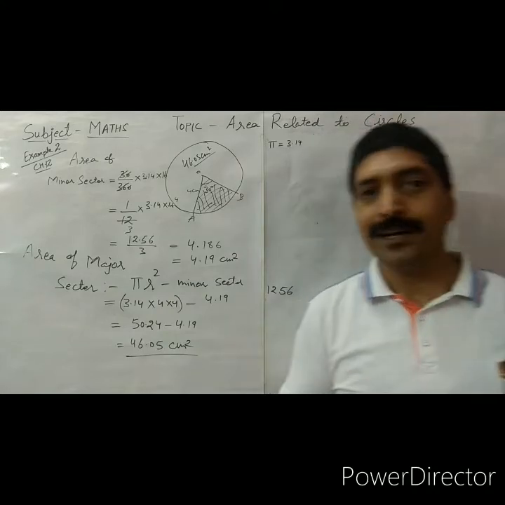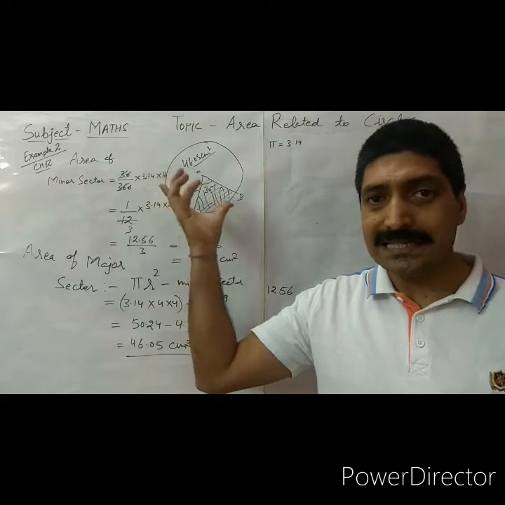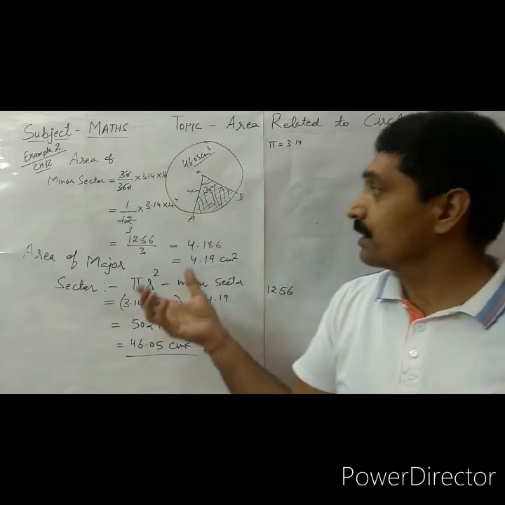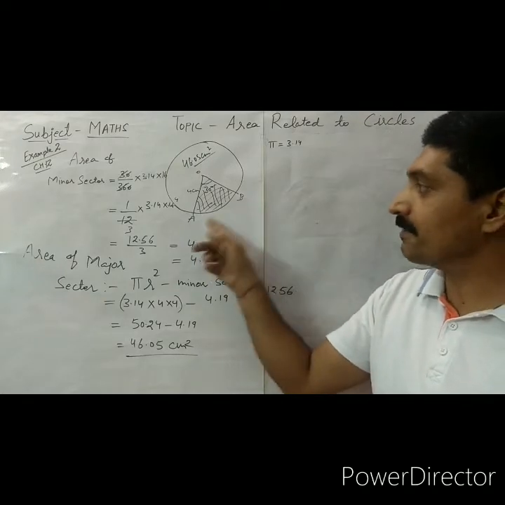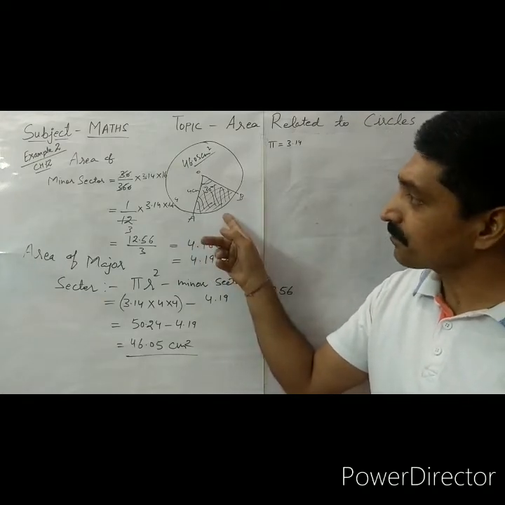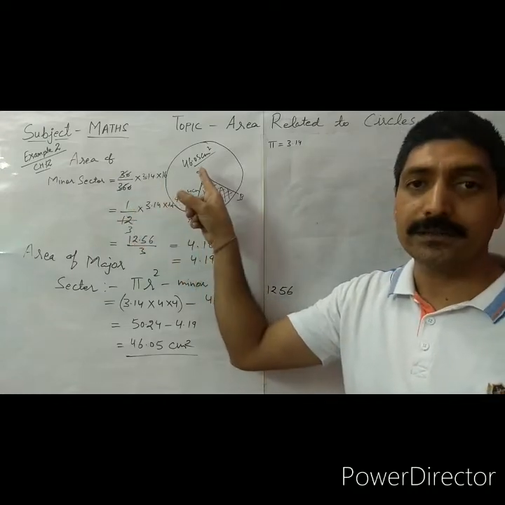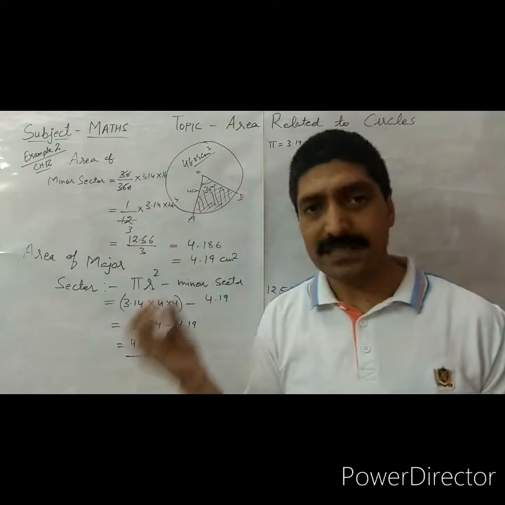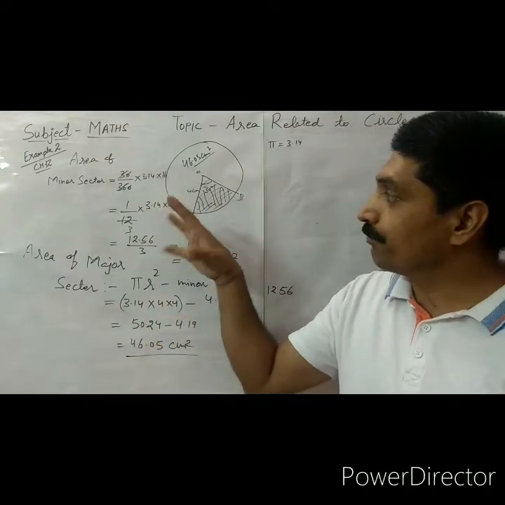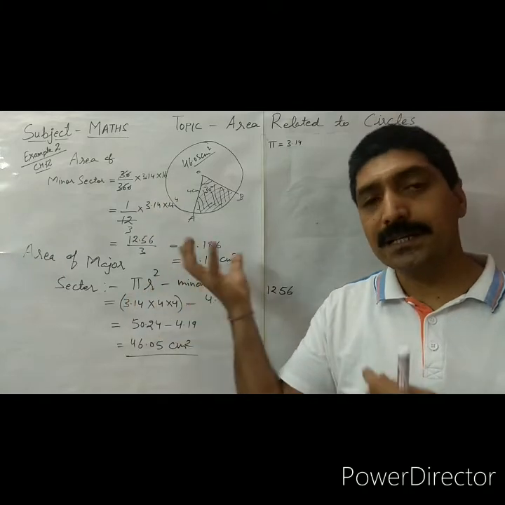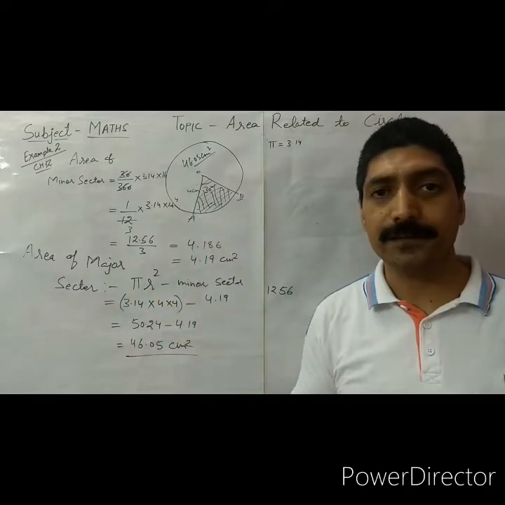So dear students, I hope now you are very much clear with the area of the sector. In some of the questions they may ask the length of the arc. The length of the arc is again theta upon 360 into 2 pi r. It is very simple. For the segment, we first have to find the area of the sector, then subtract the area of the triangle.